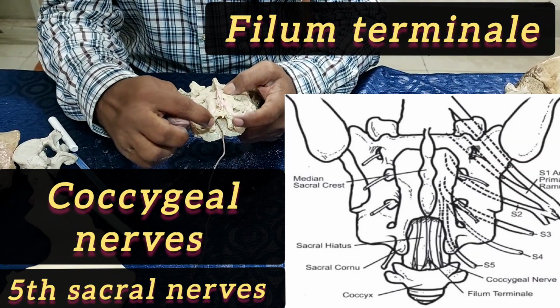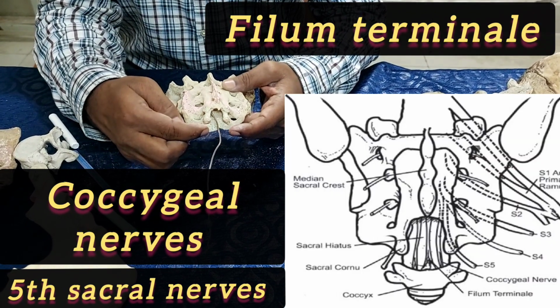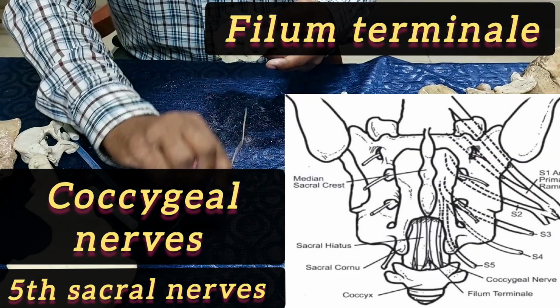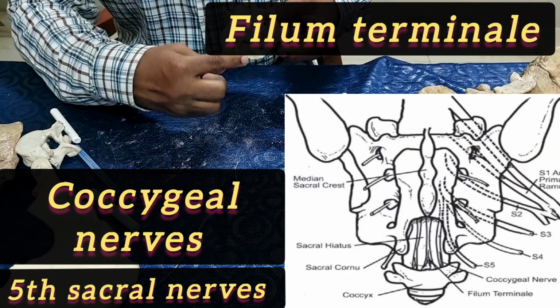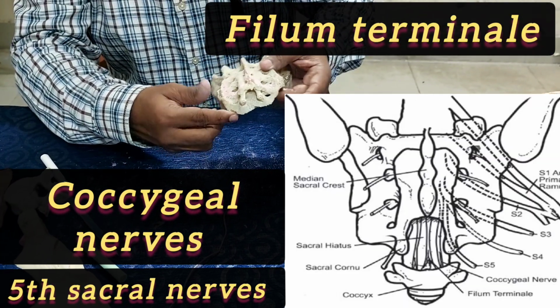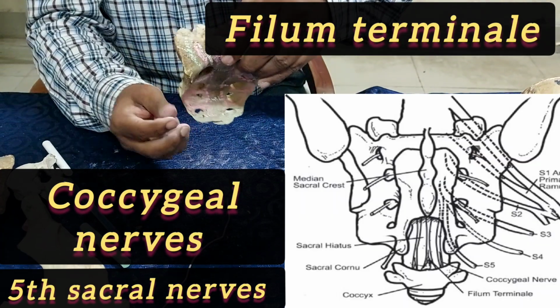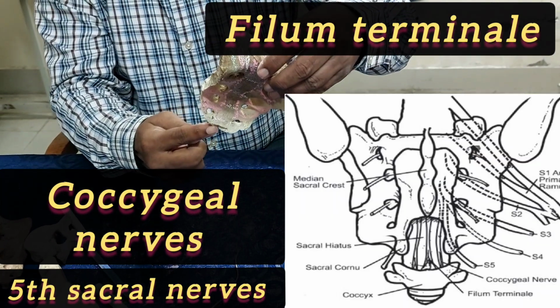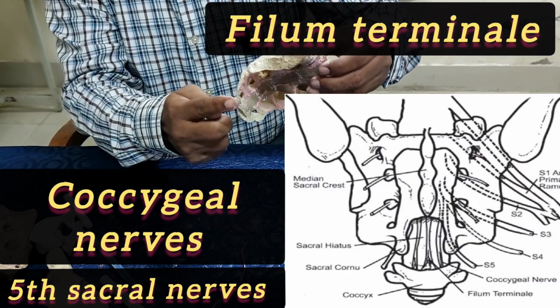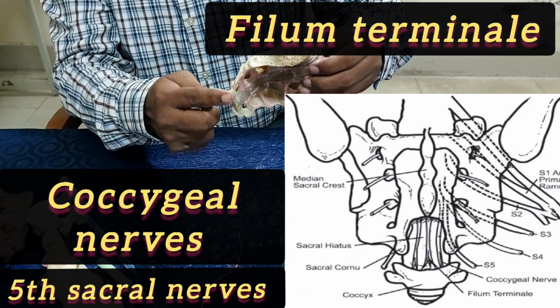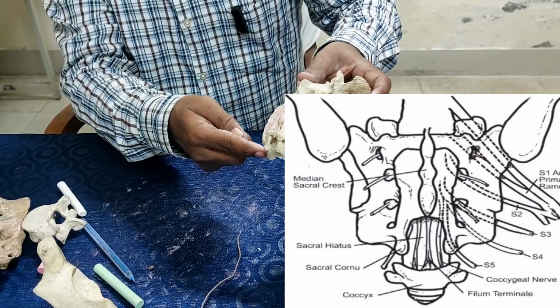This coccygeal nerve and 5th sacral nerve, after coming out through this sacral hiatus, pass forward and go to the ventral side. But here there is one muscle, the coccygeus muscle, on both sides.